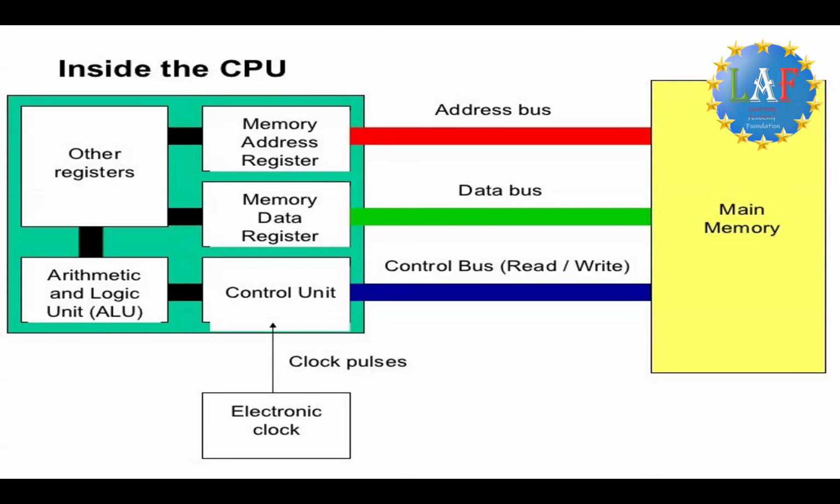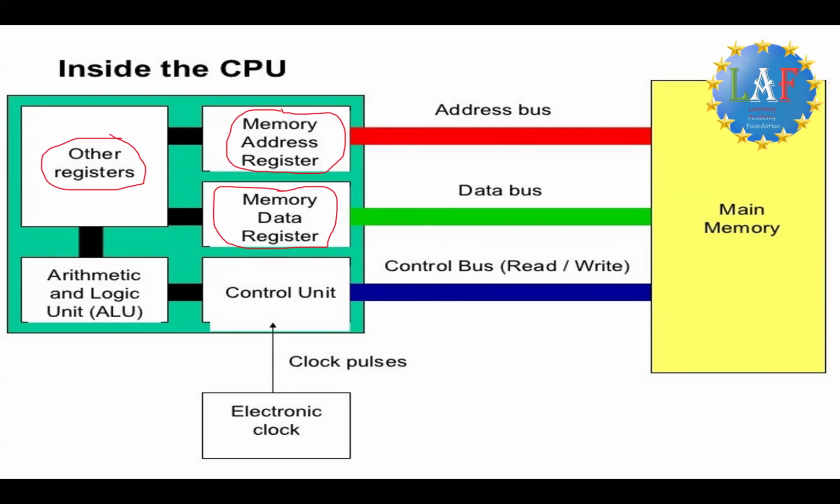Let's peek inside the CPU. We have the control unit, which directs operations like a traffic controller; the arithmetic and logic unit that performs math and logic; registers like the memory address register and memory data register, tiny storage areas for quick access.